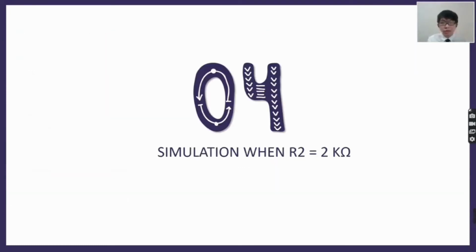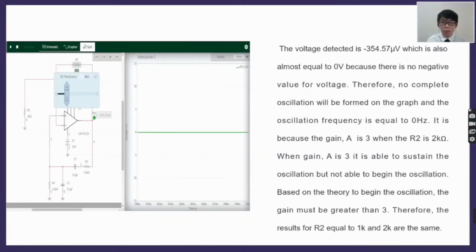For the simulation where R2 equals 2 kilo ohm, the voltage detected is negative 354.57 millivolts, which is also almost equal to 0. Therefore, no complete oscillation will be formed on the graph, and the oscillation frequency is also equal to 0. It is because the gain is equal to 3 when R2 equals 2 kilo ohm.